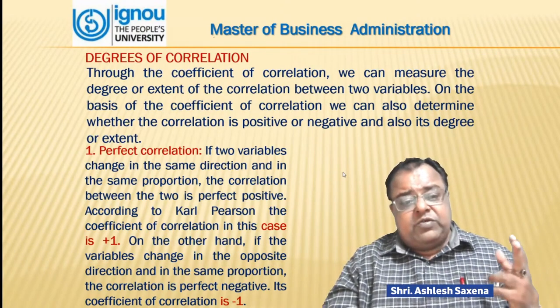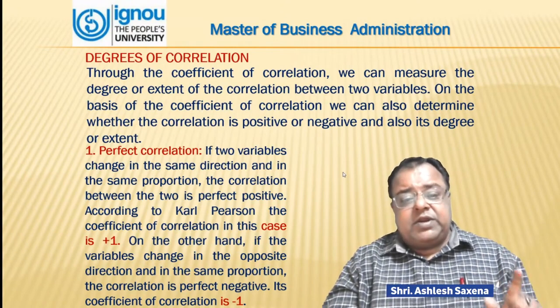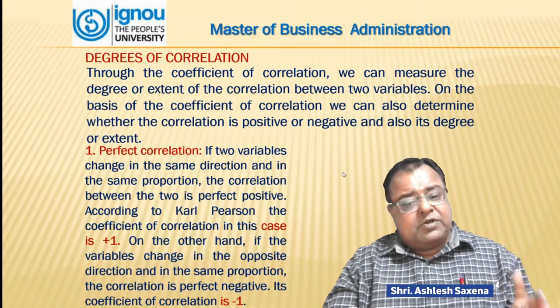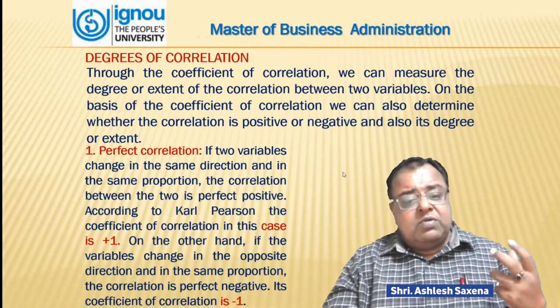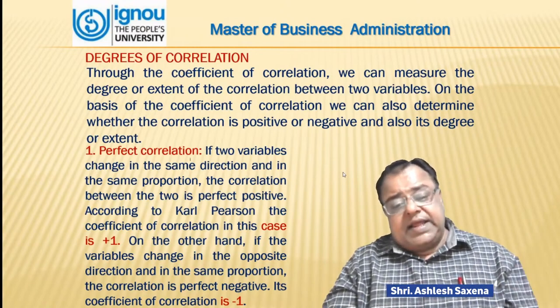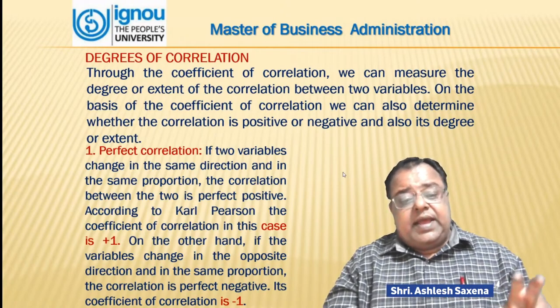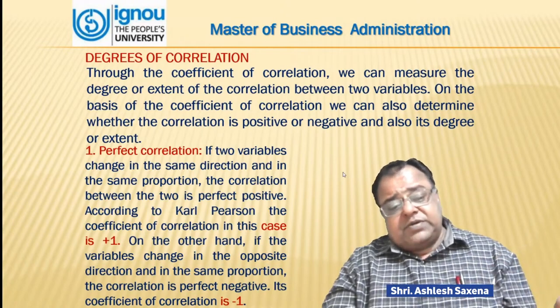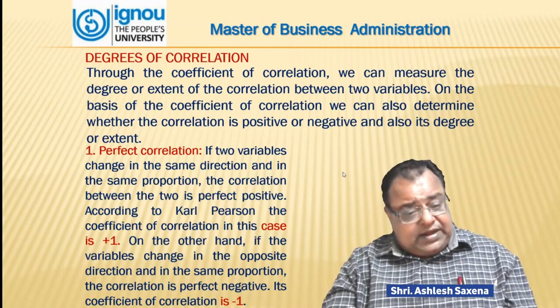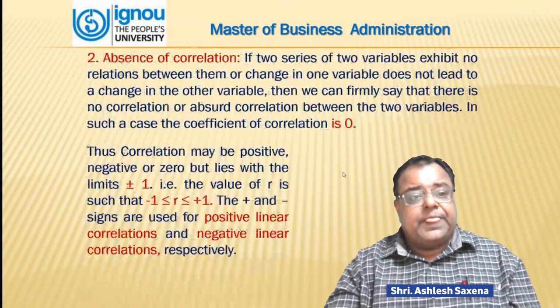Perfect correlation: if two variables change in the same direction and in the same proportion, the correlation between the two is a perfect positive one. According to Karl Pearson, the coefficient of correlation in this case is +1. And on the other hand, if the variables change in the opposite direction and in the same proportion, the correlation is perfect negative and its value is -1.